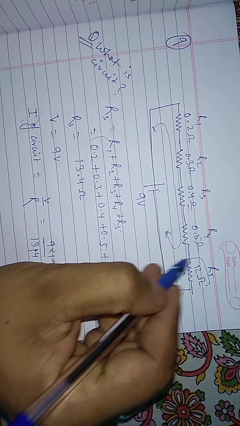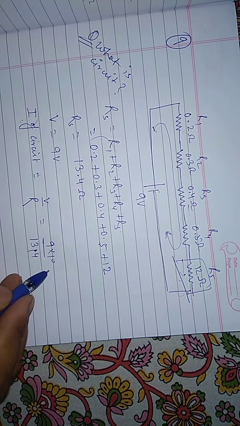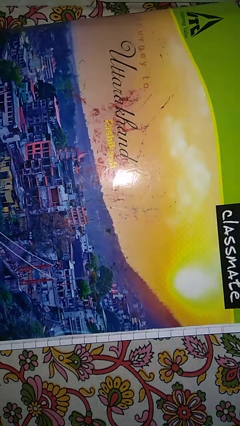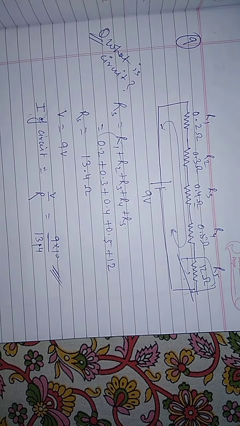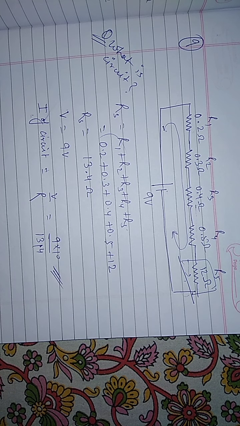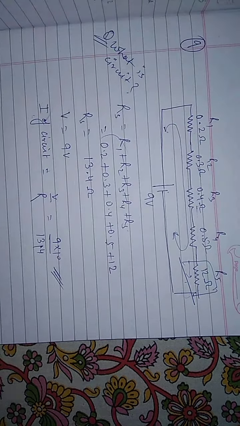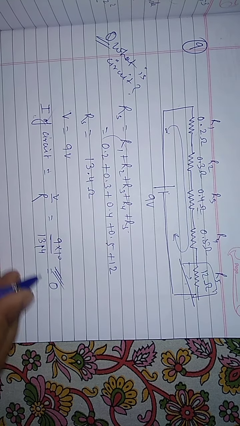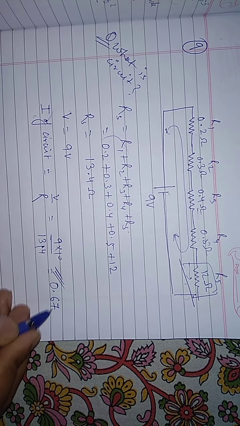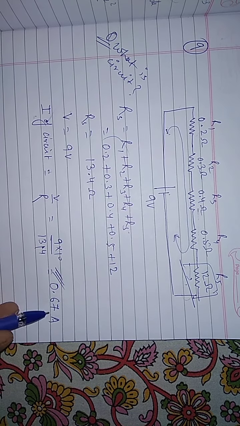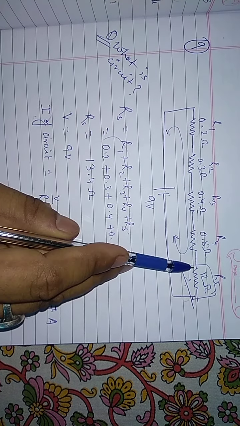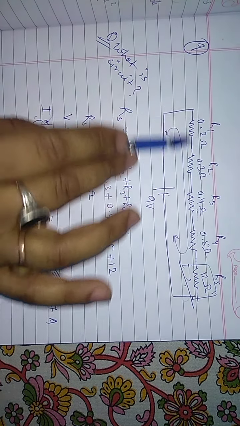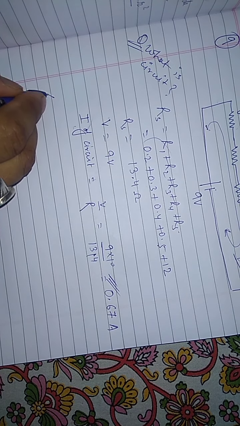So the current in the 12 ohm resistance will be this value. It comes to about 0.6716 ampere. So in all the resistances the same current will flow because they are in series. This is the basic point.